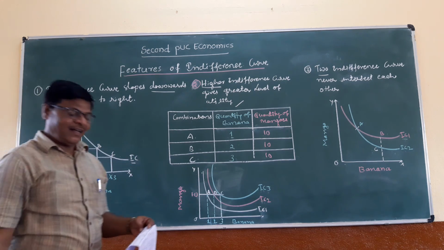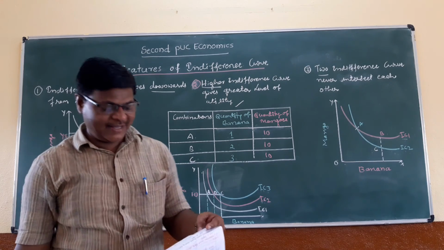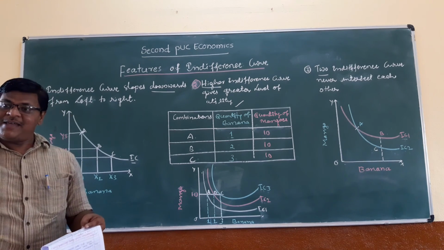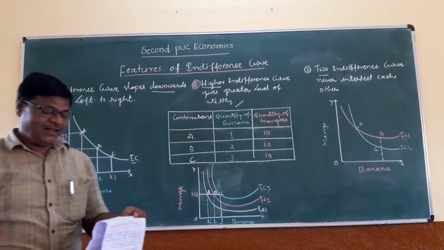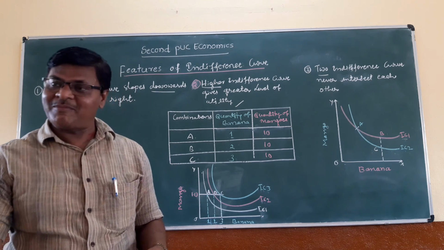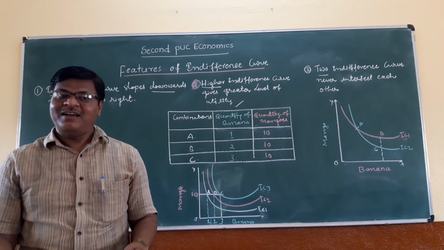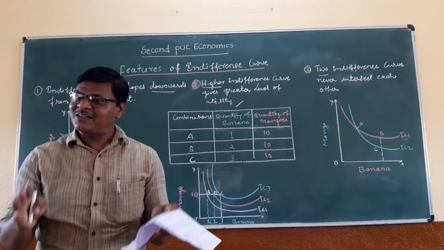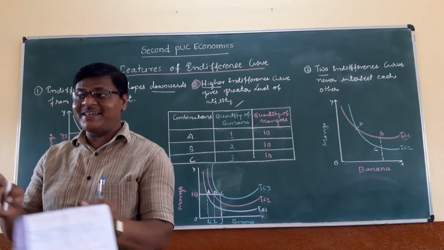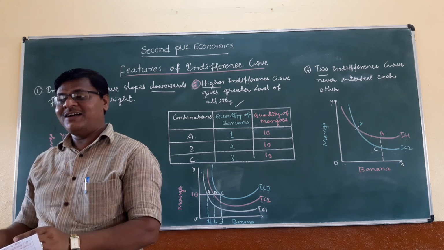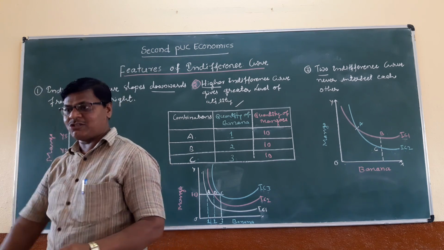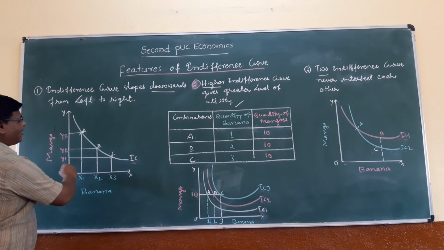The reason underlying this property is that if the consumer has to stay at the same level of satisfaction, the quantity of one commodity must decrease and the quantity of another commodity must increase. When one decreases and the other increases, the slope of the indifference curve becomes negative. It is indicated in the diagram.